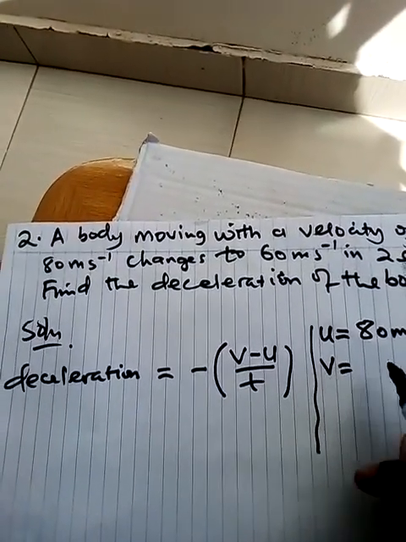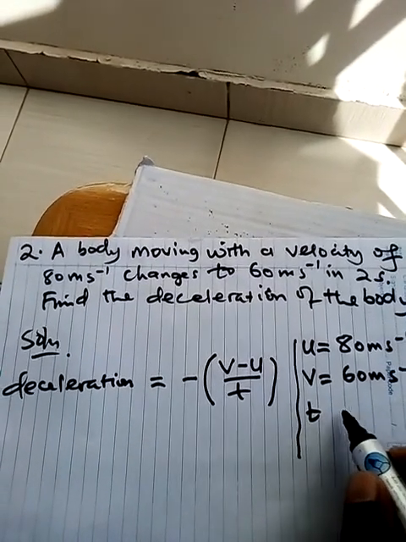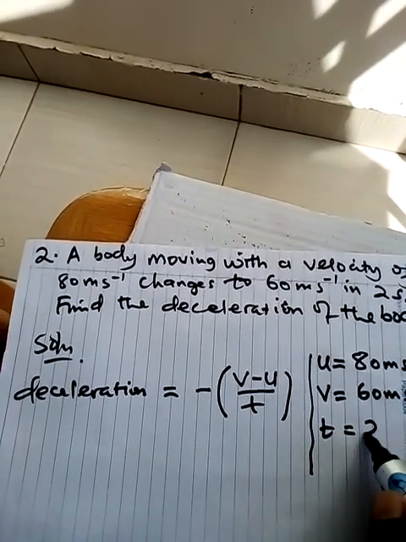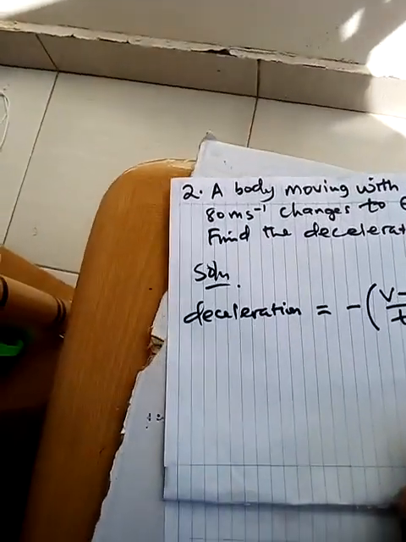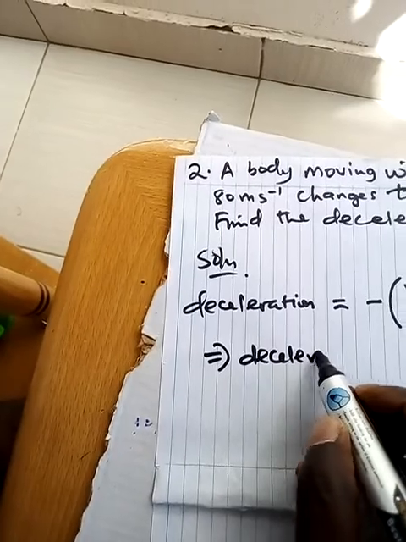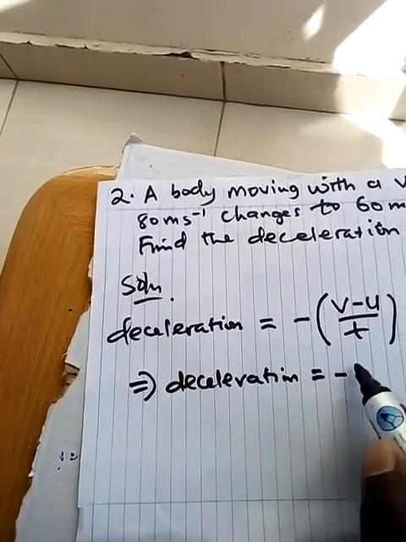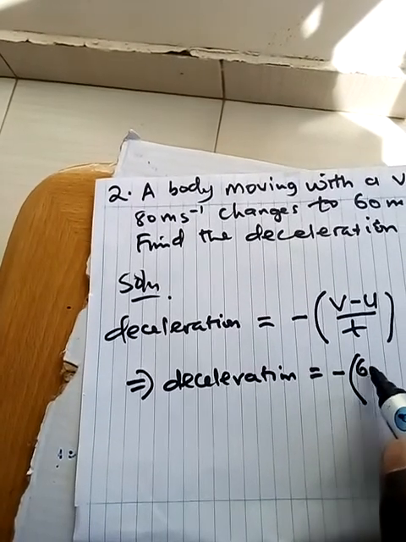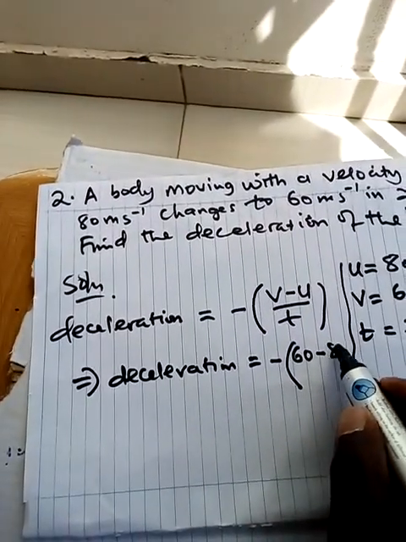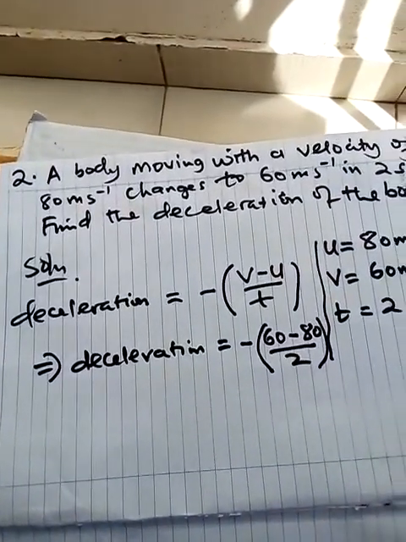Then the final velocity is 60 meters per second, and then the time taken to change the velocity, we are told, is 2 seconds. So this means that deceleration is equal to negative into 60 minus 80 divided by 2 seconds.